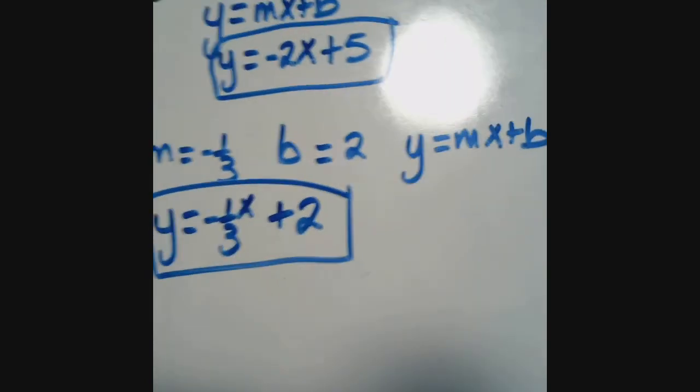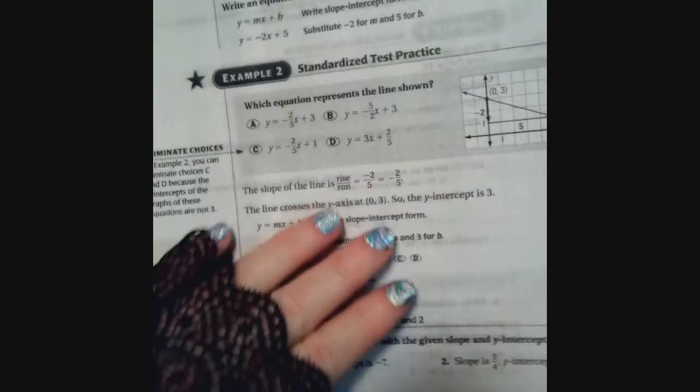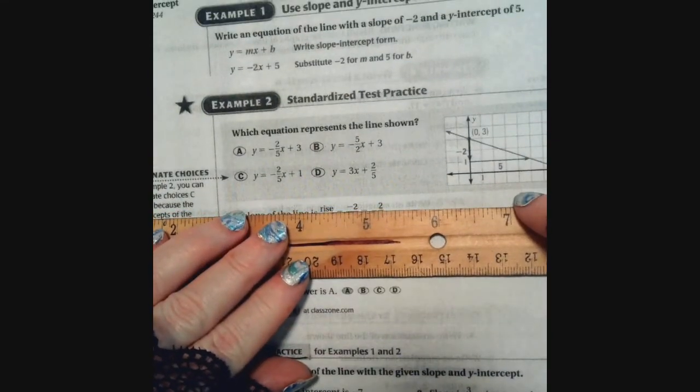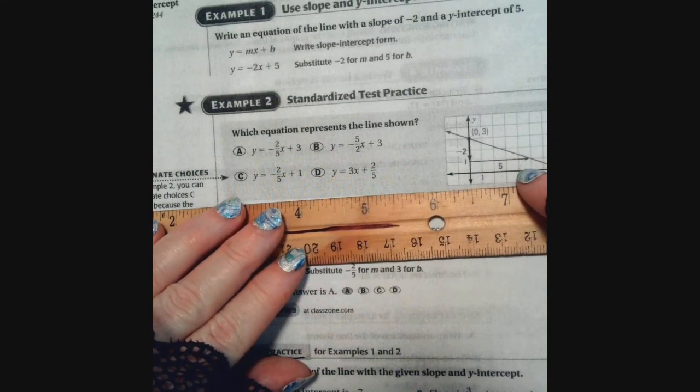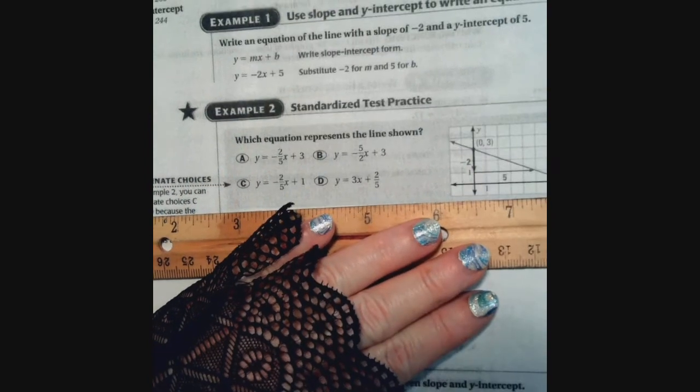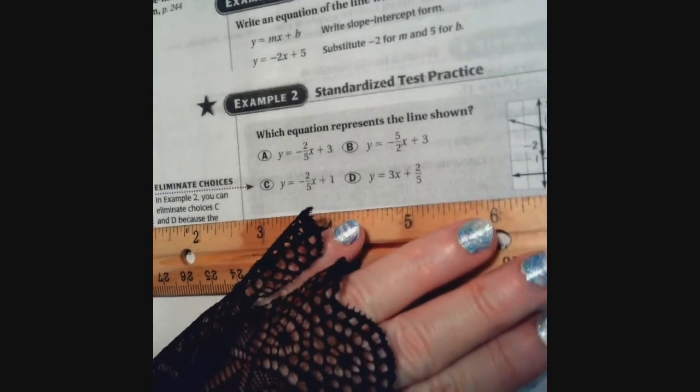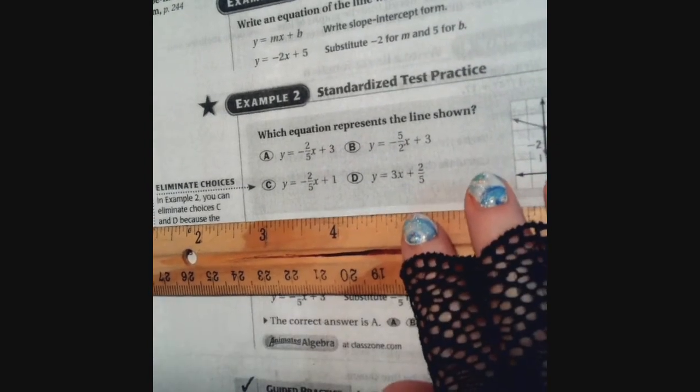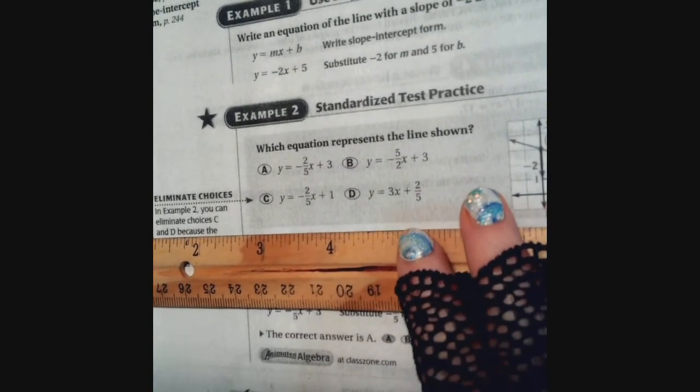So let's go ahead and look at a graph right now and see if we can determine which equation fits the graph. I don't want you to see the answer, so I'm covering that up right now. Let's just look at what it's asking.